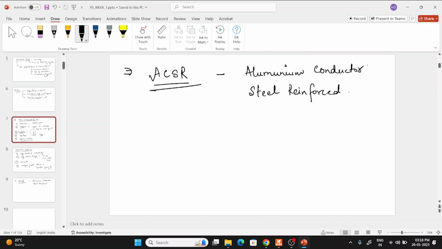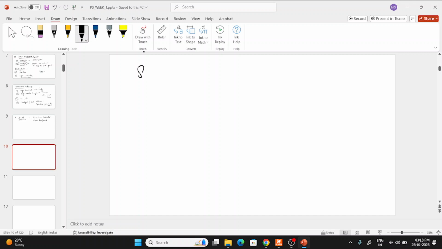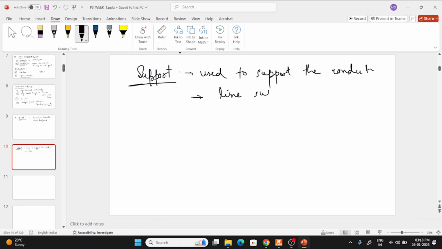Now, the next component is the support. There are various structures which are used to support the conductors. Therefore, they are known as line supports.